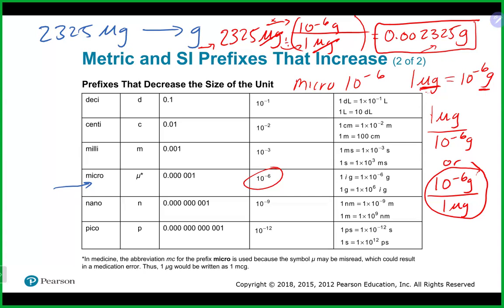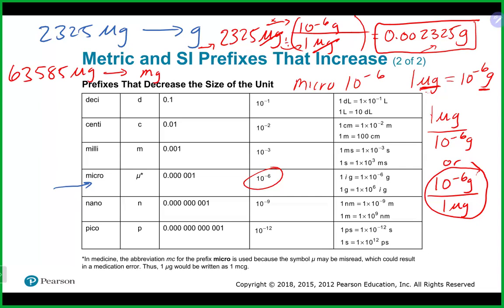I can't remember the song right now, how to do it. So what if we had to go from one prefix to the next? Let's just say, for example, we had 63,585 micrograms, and we wanted to know how many milligrams that would be. So kind of like a prefix to prefix sort of movement.